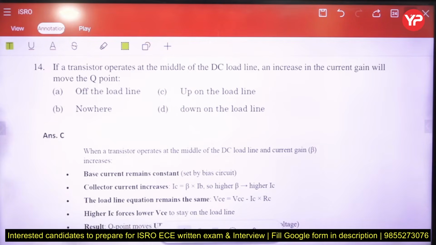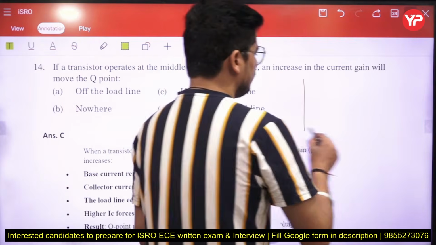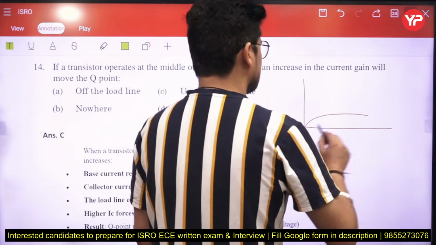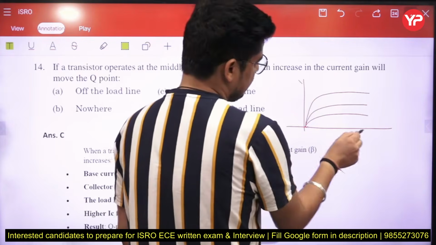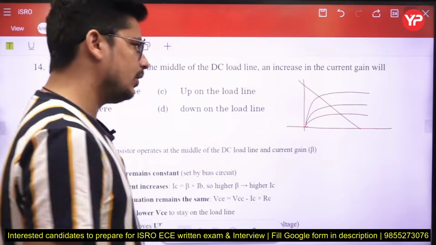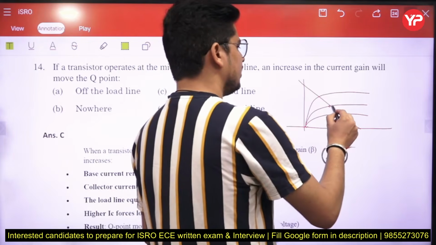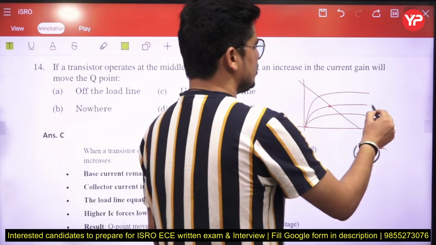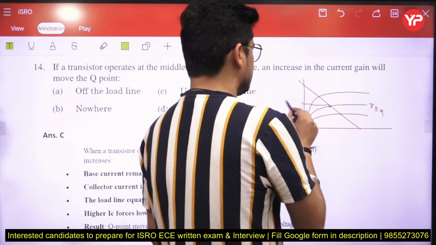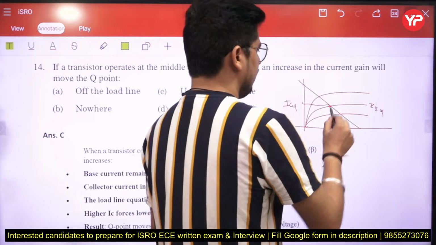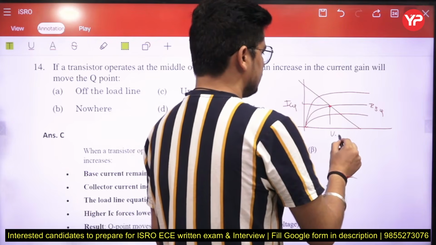If a transistor is operated in the middle of the DC load line and the current gain increases, the Q point will be moved. Basically, when you draw the transistor characteristics, they look like this, and this one is your DC load line. Let us take your Q point currently lying here, right? So this is your IBQ, and at this particular point this is your ICQ, and this is your VCEQ.